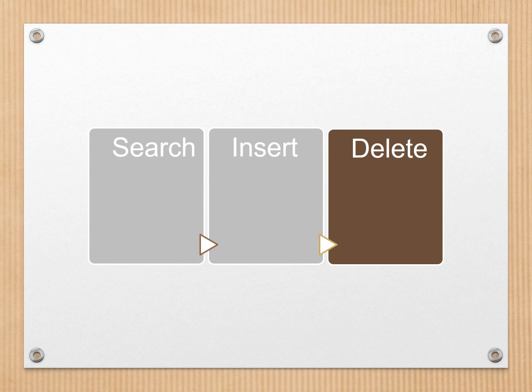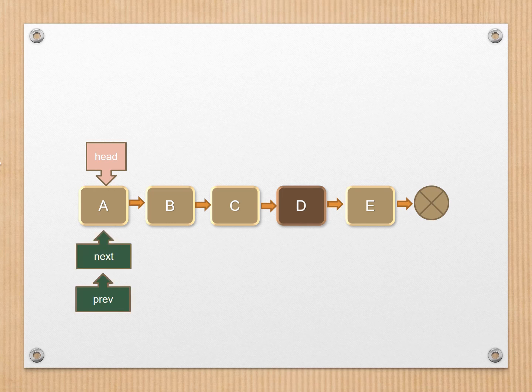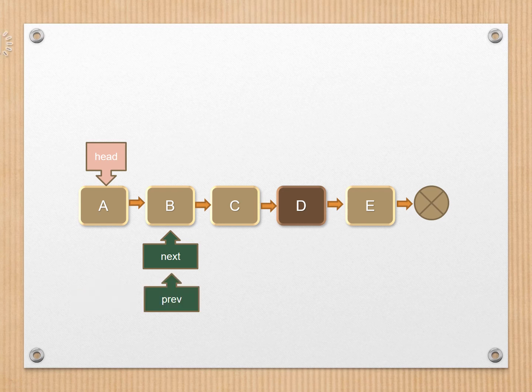Next, deleting with linked lists. Say the fourth element in this linked list is to be deleted. We will need 2 additional pointers to assist us. We could call them next and previous. Every time we advance the next pointer, we check if that element points to the element to be deleted. If it is not yet matched, the previous pointer will now be advanced.